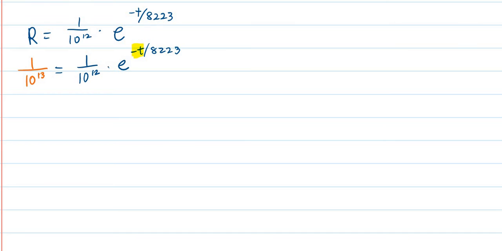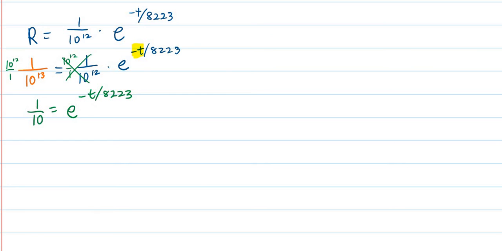To start with, that means we have to divide by the 1 over 10 to the 12th, or if we multiply by 10 to the 12th, because we reciprocal that thing, those cancel out. And on the left-hand side, using our exponent rules, where 12 minus 13 is negative 1, we would have 1 over 10 equals e to the negative t divided by 8,223.